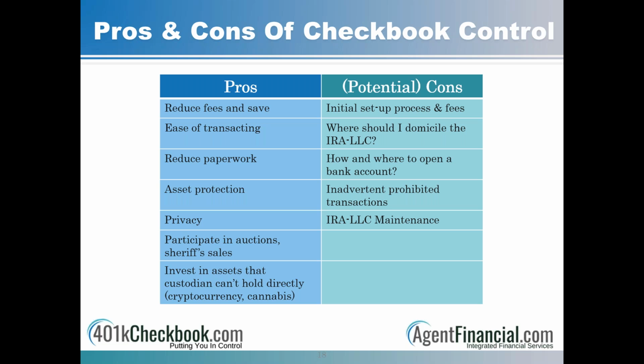You get enhanced privacy, and the reason for that is simple. When IRA custodians directly invest in an asset, in general, you're going to have to title the asset John Doe IRA, right? It's going to have the custodian's name, ABC Custodian for benefit of John Doe IRA, and they very often require the account number.